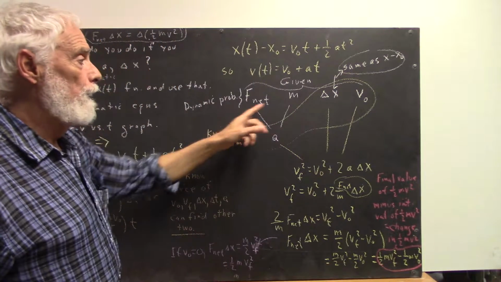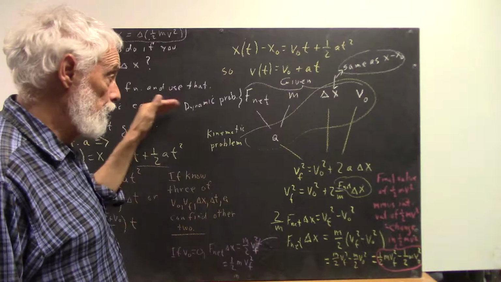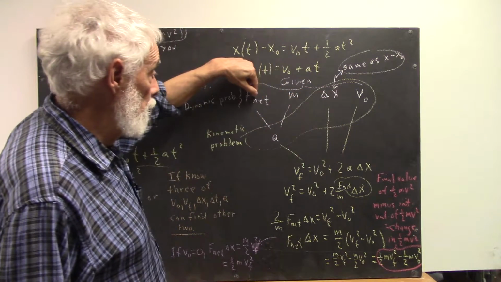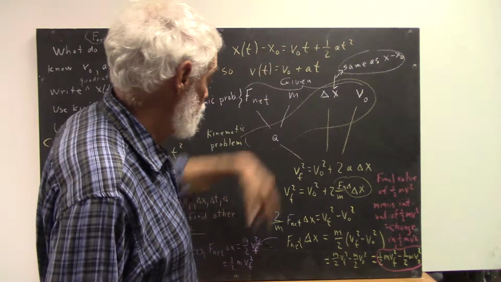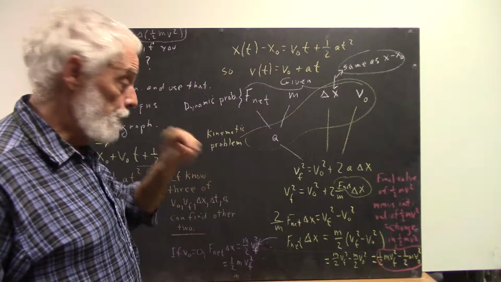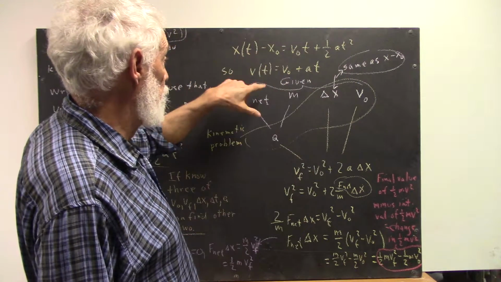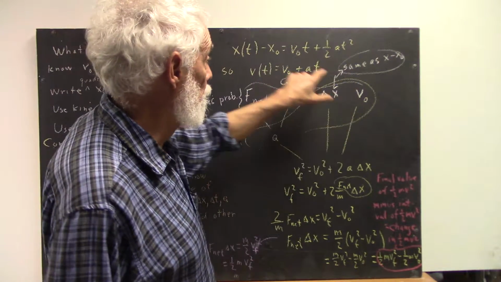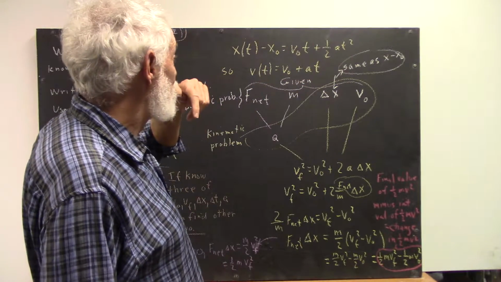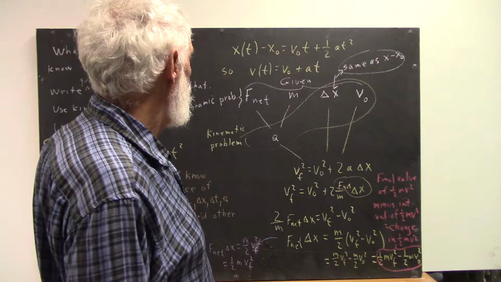From Fnet and m, clearly you can get a by Newton's second law. So you have this dynamic problem where you have a net force, a mass, and some other information. And it immediately becomes a kinematic problem where you just have an acceleration that you put into this, a delta x that you can put into this, and a v0 that you can put into this, allowing you to do any variety of things.